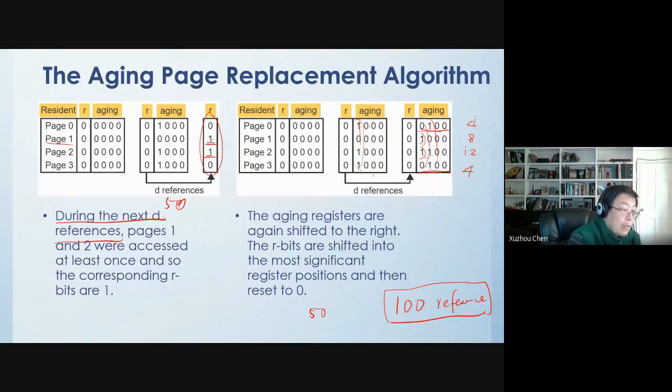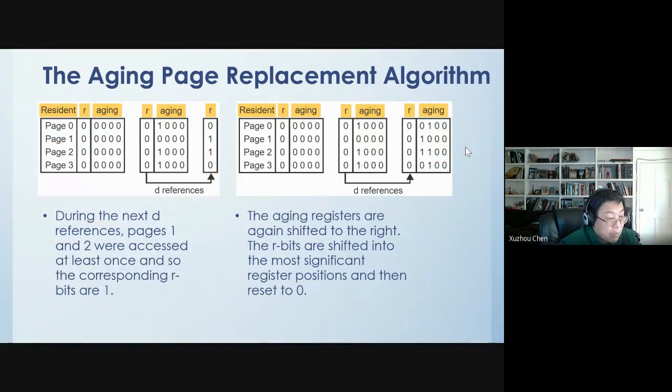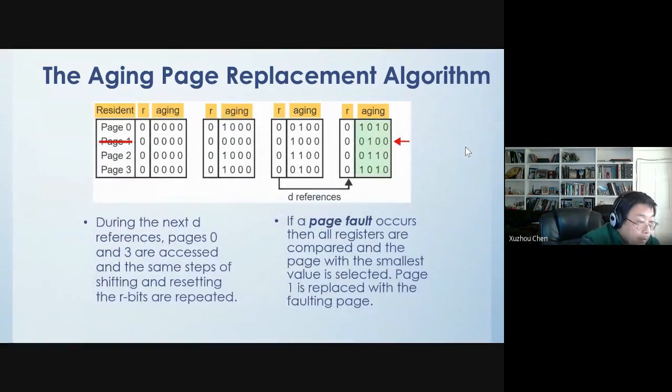Okay. Now, if no page replacement happens, then you continue, and the next page reference is this. Okay. So during the next reference, page 0 and 3 are accessed, and the same steps are repeated: shifting and then resetting the R value, and then repeat.